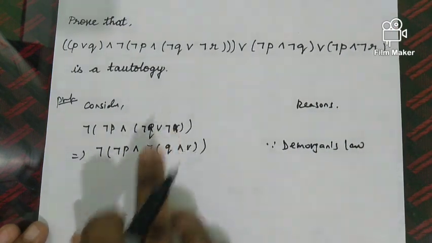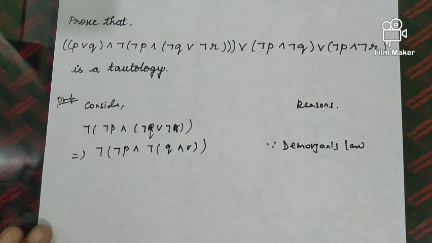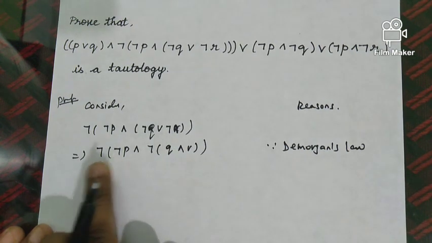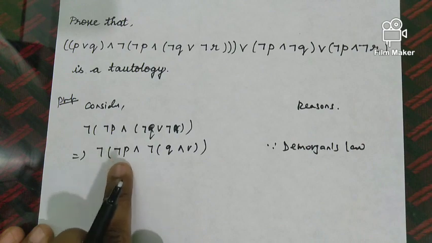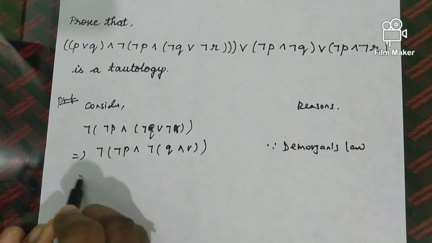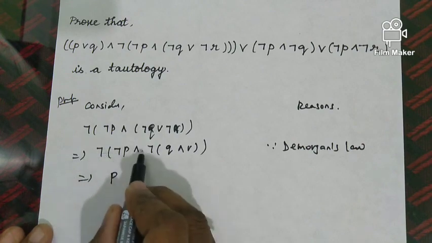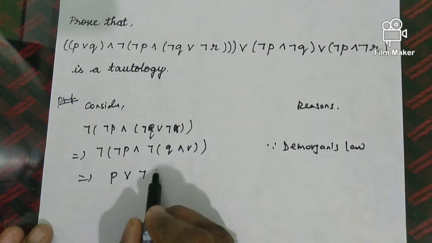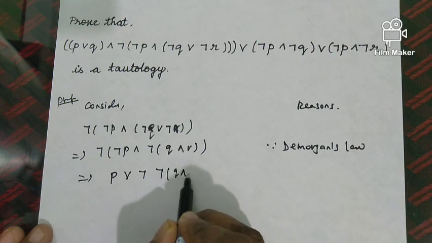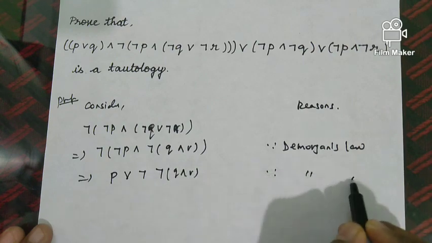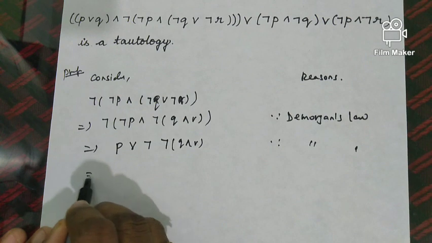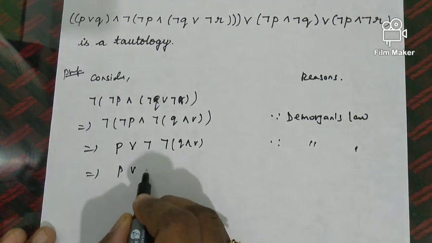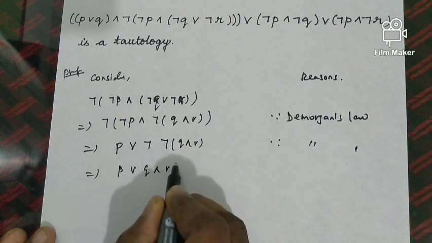First we applied De Morgan's law inside the bracket so that we got Q and R. Now applying the negation again, negation of negation P is P, and then negation of the whole term, negation of negation Q and R. Here also we apply De Morgan's law. Negation of negation P is P, so this becomes Q and R.